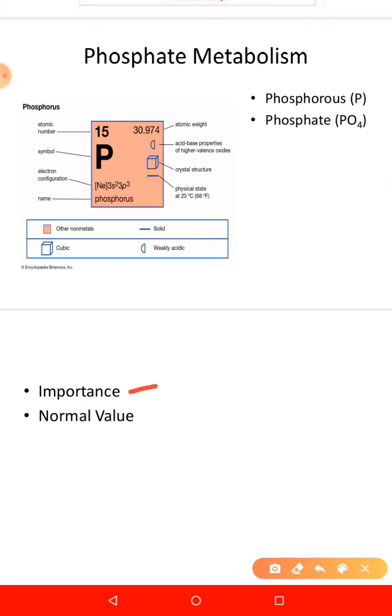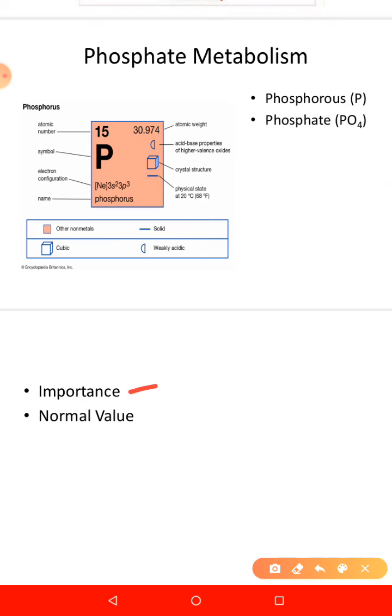Others are like DNA and RNA. Another importance of phosphate, along with calcium, is that it forms an important constituent of bones and teeth. It also acts as a buffer in the maintenance of acid-base balance.